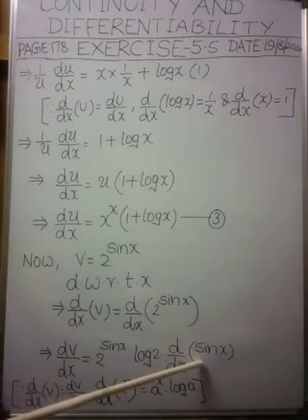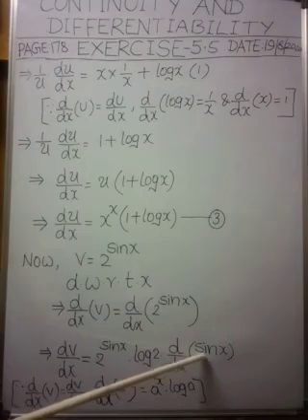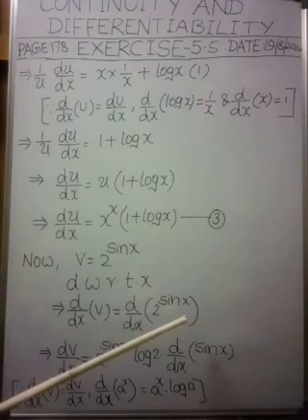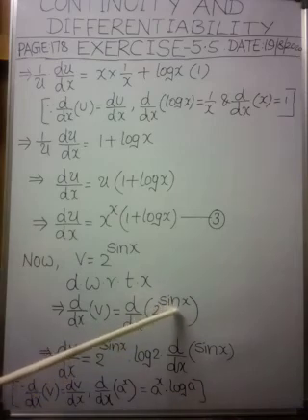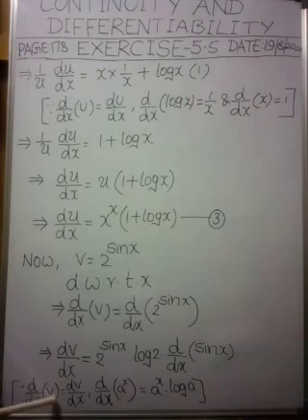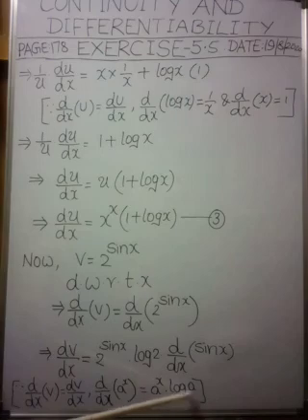We are using here chain rule also, because it is not in the standard differentiation formula. In the place of x, sin x is there. So we are differentiating that sin x also, because d by dx of v is equal to dv by dx, and d by dx of a power x is equal to a power x into log a. And also we used here chain rule. Understood this step, my children?